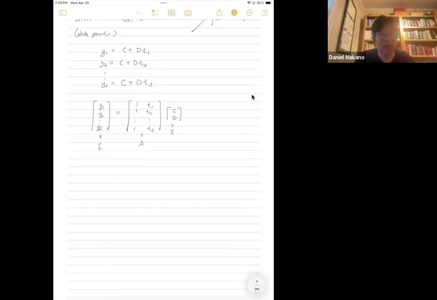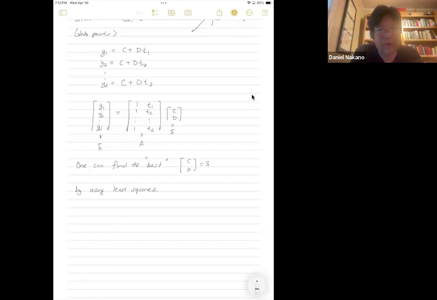Okay, so now when you do this, you could just solve this by least squares. I don't really need to, there's a formula for this, but I would just do it this way.